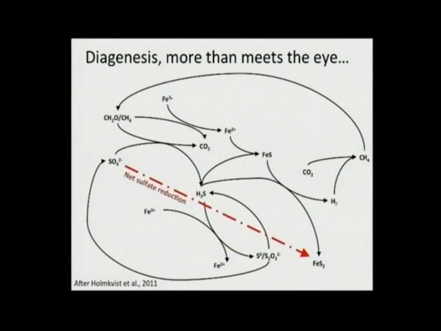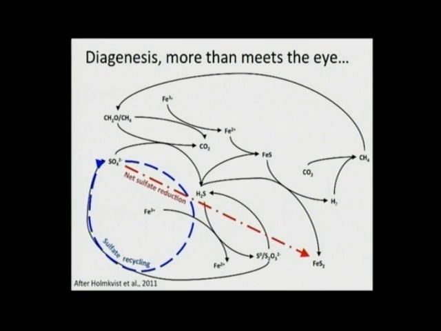In this process, we have net removal of sulfur from the system. In the other case, this sulfide can be reoxidized back to sulfate, and then we have net recycling of sulfate.